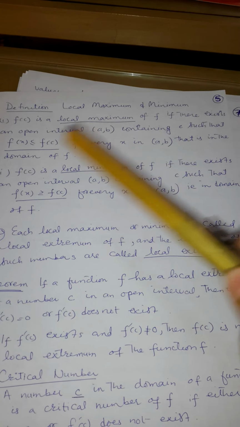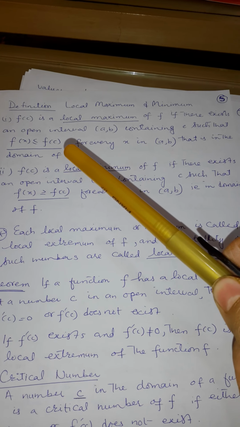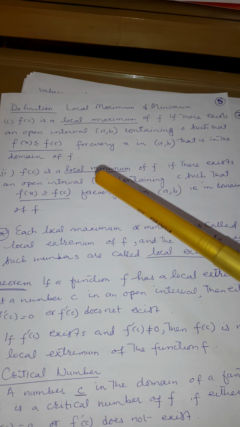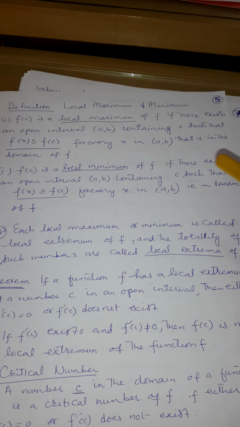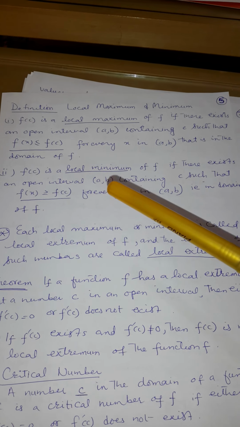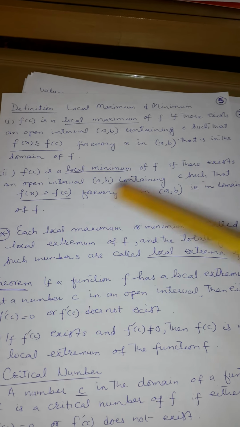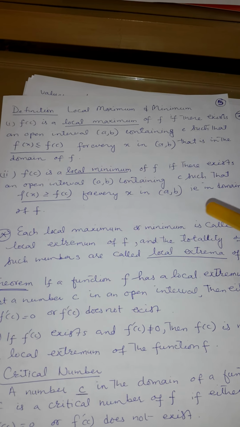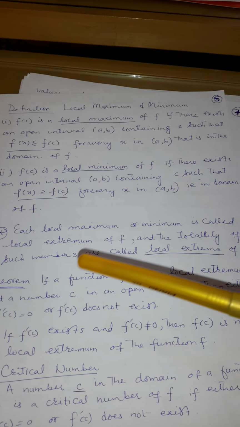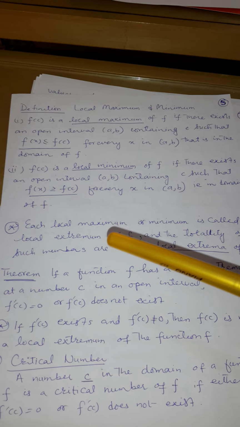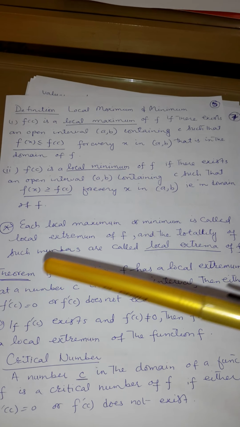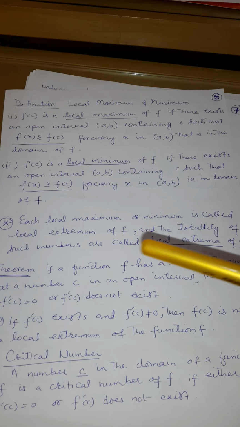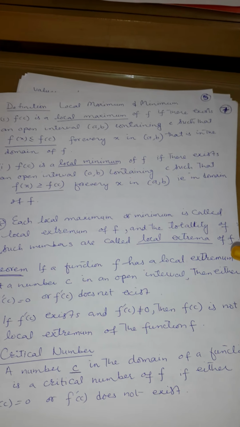The second point is that f of c is called a local minimum of f if there exists an open interval (a,b) containing c such that f of x is greater than or equal to f of c for every x in the domain of f. The third point is that each local maximum and minimum is called a local extremum of f, and the totality of such numbers are called local extrema of f.